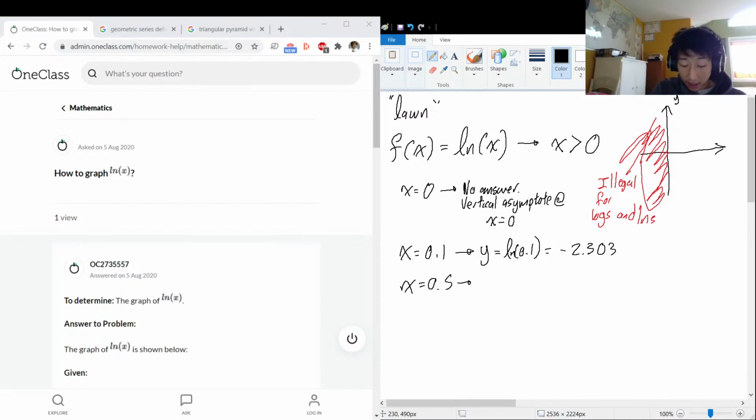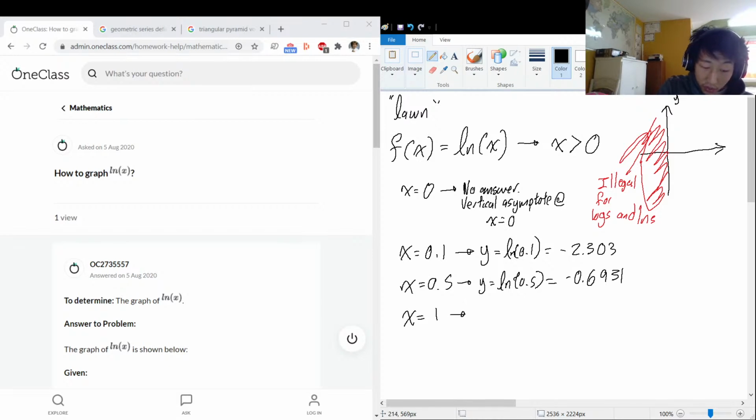So let's say at 0.5 we have natural logarithm of 0.5. y is equal to natural logarithm 0.5. That is equal to negative 0.6931. Awesome. So the next one that we have, let's say x is equal to 1.